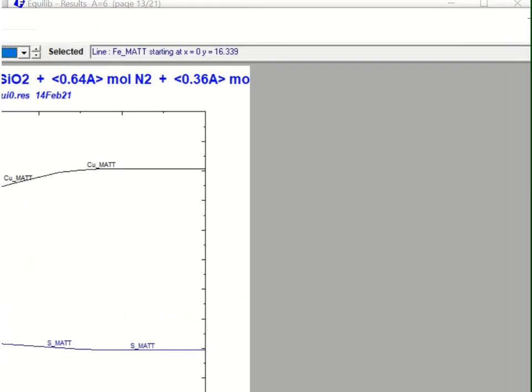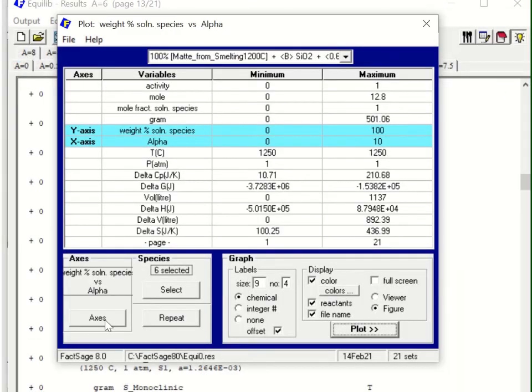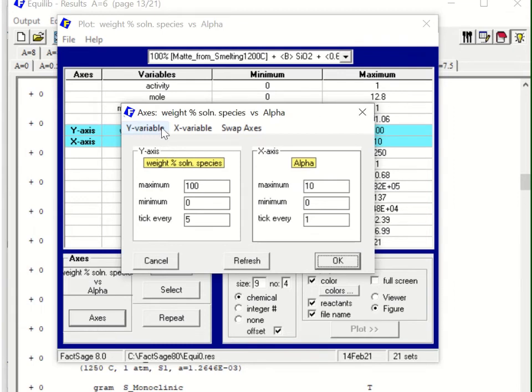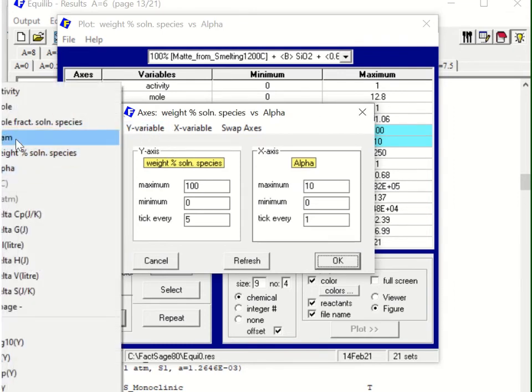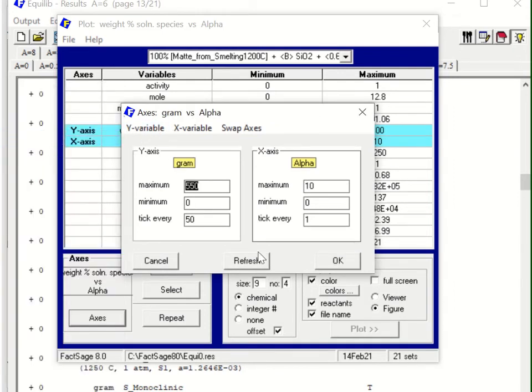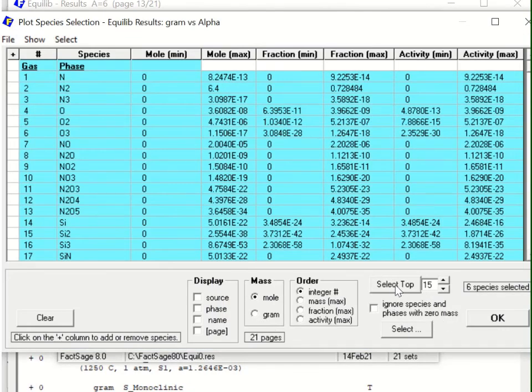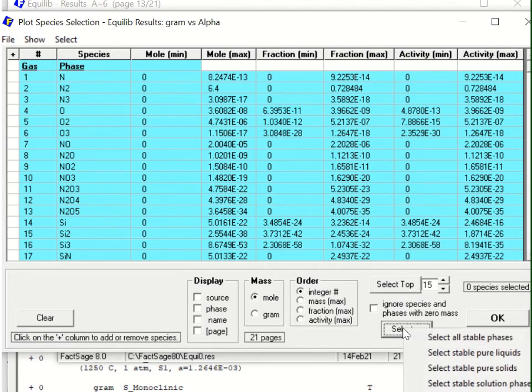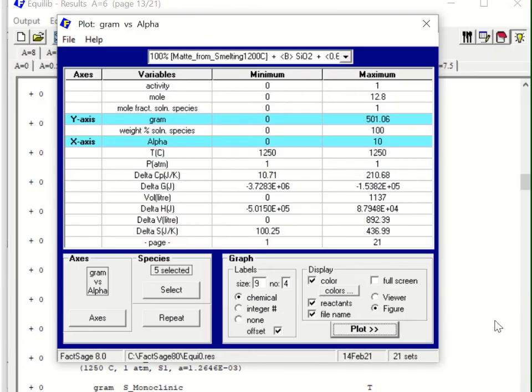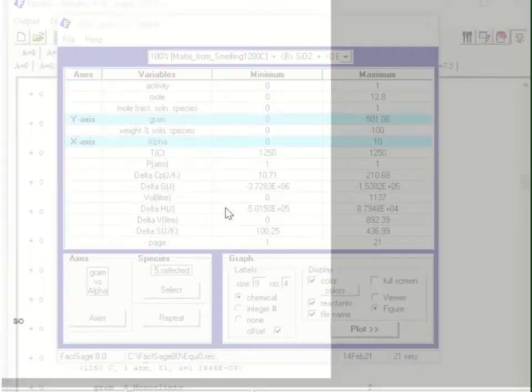So this is the element. And then also now, if you go to axis, we can also see the overall species in grams. And say okay, and go to select. You can unselect everything, clear everything, and then you can select all stable phase, and say okay, and plot.